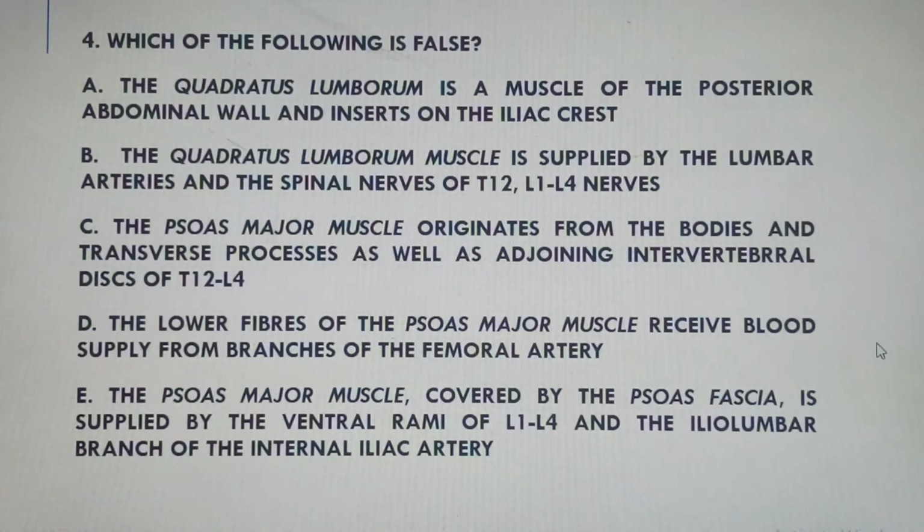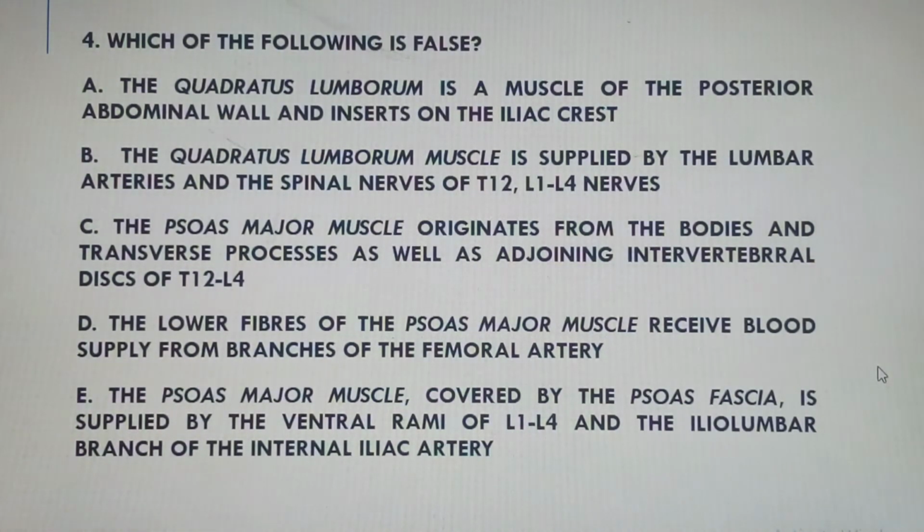This is a very true statement. Yes, because we know that even the psoas major muscle could be considered part of the muscles of the anterior compartment of the thigh, and therefore the muscles of the anterior compartment of the thigh are supplied by the femoral nerve. So of course, it's not surprising that the lower fibers of the psoas major muscle will be supplied by the femoral nerve.